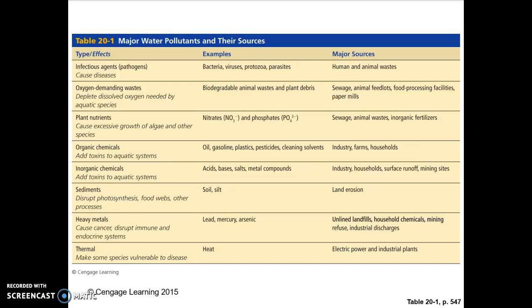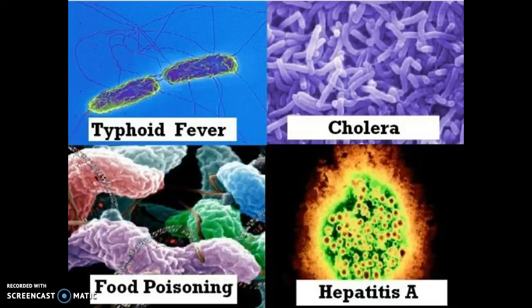So let's go through these line by line. First of all, you have infectious agents, things that cause diseases: bacteria, viruses, protozoans, etc. These come predominantly from human and animal wastes. You could be talking about salmonella, hepatitis A, cholera, etc. Now, hepatitis A is something we've had an issue with here in the Detroit area over the past year.